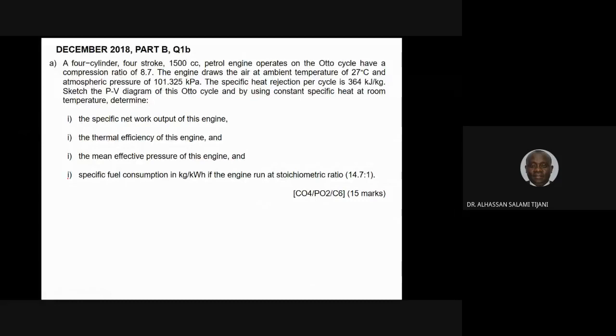In this question, we are told a 4-cylinder, 4-stroke, 1,500 cc petrol engine operates on the ideal Otto cycle with a compression ratio of 8.7.